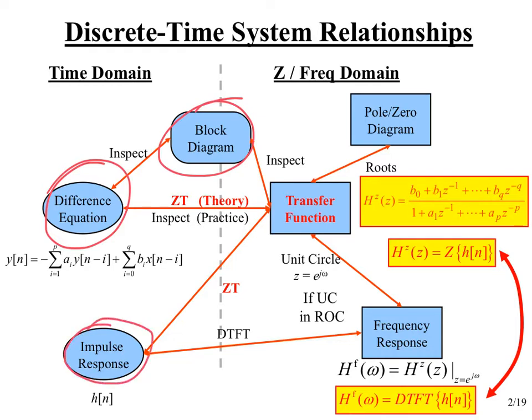We've not seen how to get the impulse response, but we've talked about it. We've talked about how the difference equation can be linked to a block diagram and vice versa. So by inspection, you should be able to convert back and forth between those, at least for the direct form type 2 block diagram.